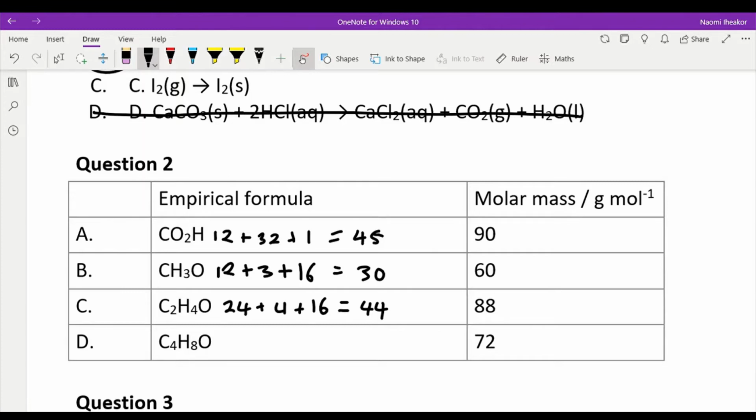And if we have a look at D, we've got 12 times 4, which is 48, plus 8 plus 16, that equals 72. So that means that D is the correct answer because these are equal. So the answer for question 2 is D.